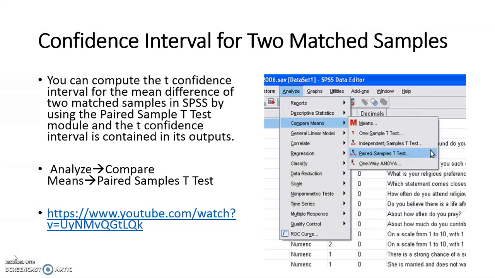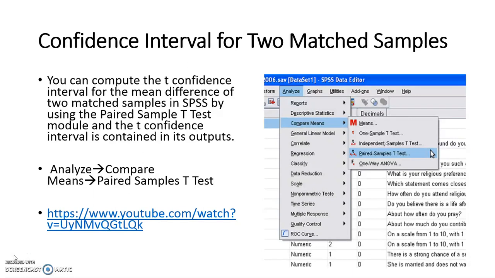In SPSS, we can compute the T confidence interval for the mean difference of 2 matched samples by using the paired t-test module. And the T confidence interval is contained in its outputs. So basically, we can just click Analyze and select Compare Means and then select Paired t-test, as shown on the image on the right-hand side.